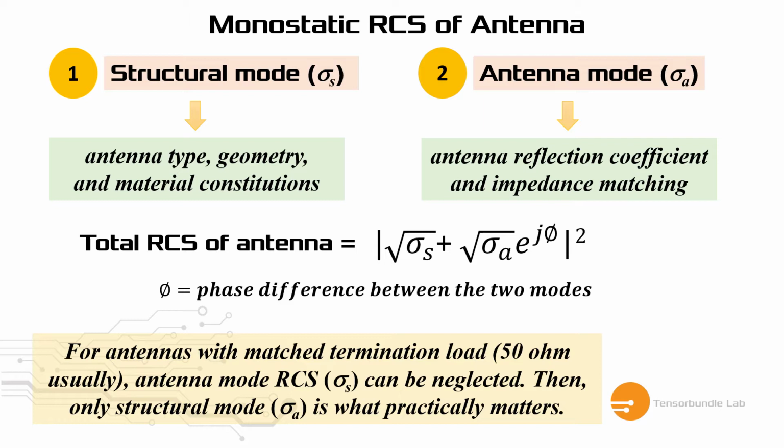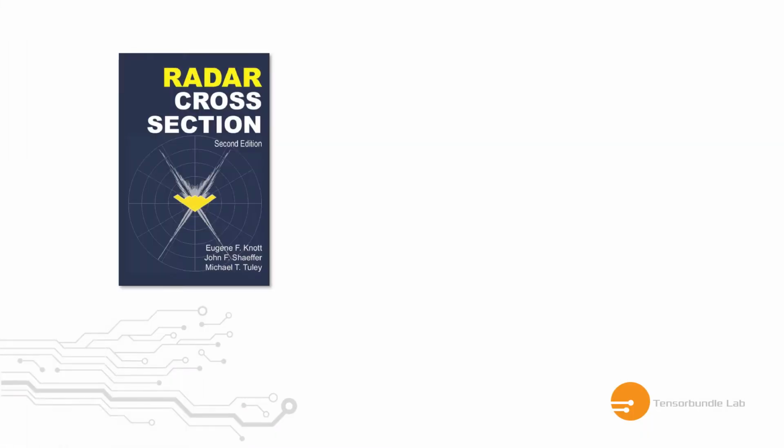So they have matched load termination conditions. So in that case, we can ignore the antenna mode RCS. And what practically matters is the structural mode RCS. But remember that if we vary the load, obviously the antenna mode RCS will come into play.